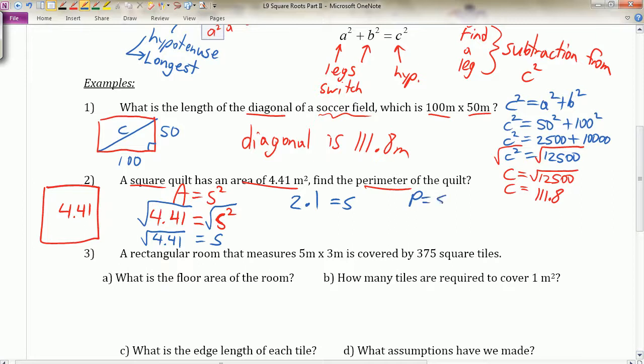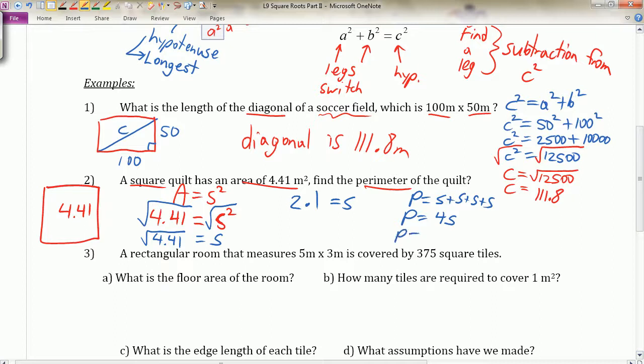So perimeter of a square is s plus s plus s plus s. What's the short form of that? Yeah, s times 4, but usually with algebra, we write the 4 first, so 4 times s, or 4s. If a number is in front of a letter, it assumes multiplication. So P equals 4 times s, P equals 4s, same thing.